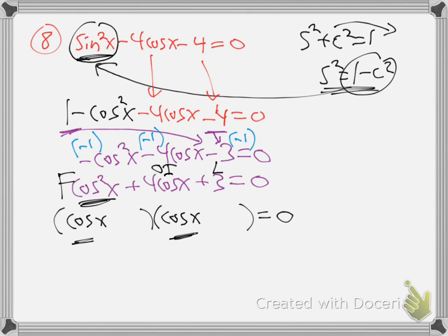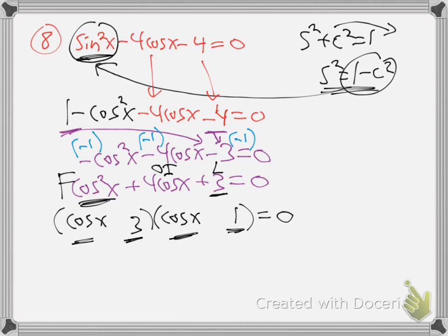And then last times last to make 3. What times what makes 3? Yeah, 3 times 1 or 1 times 3. Everybody see what I'm doing there? Remember how to factor? Is that coming back to you a little bit? Front times front to make front, last times last to make last. 3 times 1 makes 3.